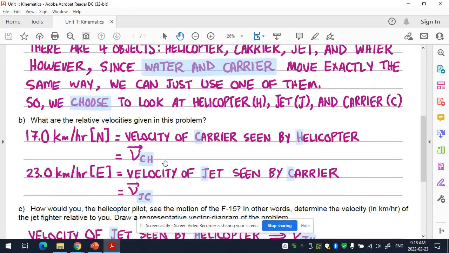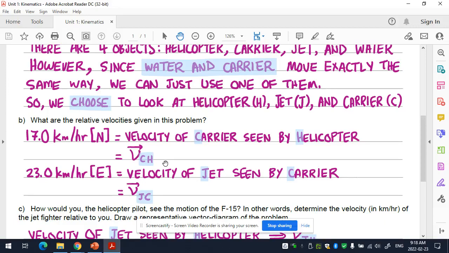So 17 kilometers north, pure north, is nothing but the movement of the carrier away from you, you being the helicopter pilot, because you are the absolute observer. You are not moving with respect to anything else. 23 is the velocity of the jet, not to you as the helicopter pilot, but to someone who is standing and observing the jet on the carrier.